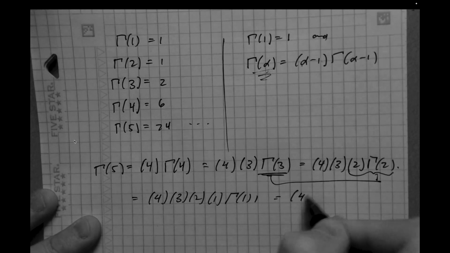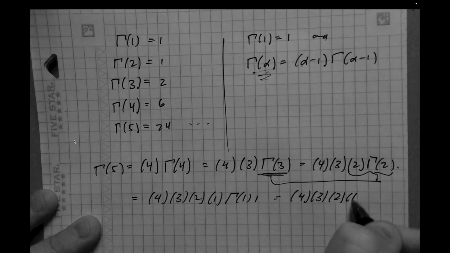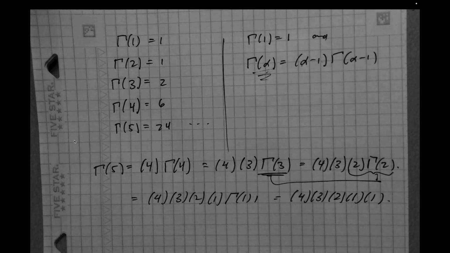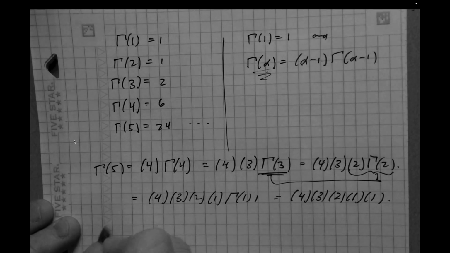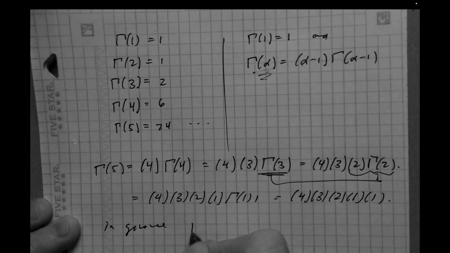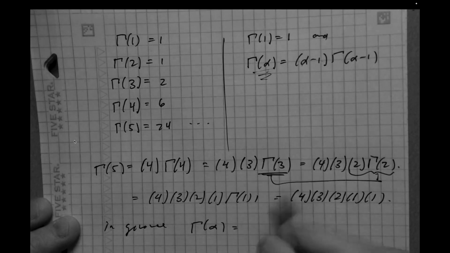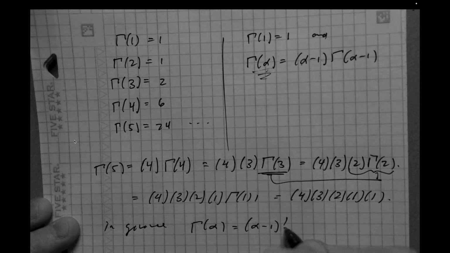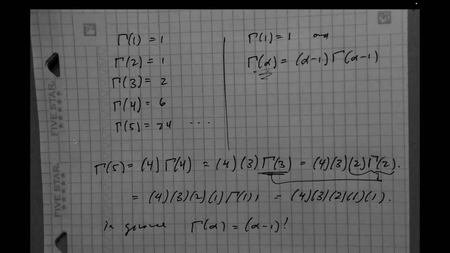So this is 4 times 3 times 2 times 1 times 1. And so as you can see, in general, gamma of alpha is just going to be alpha minus 1 factorial, where we're assuming alpha is a positive integer.